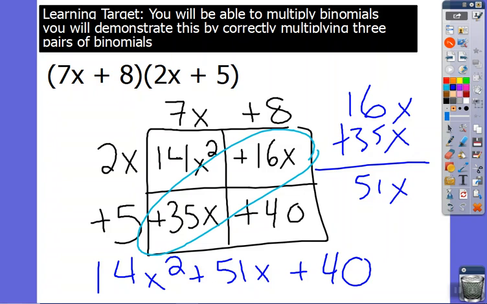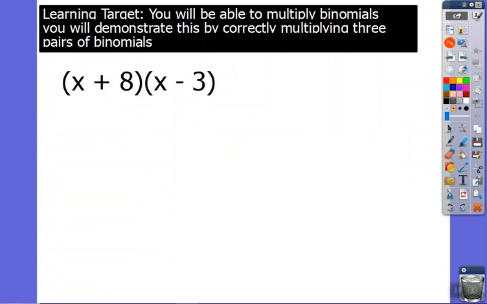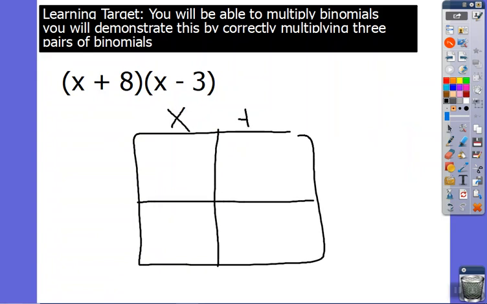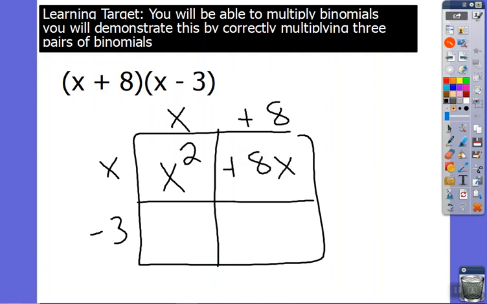Okay, these can be a little easier when we don't have numbers on those x's. So here's an example of that. I draw my box, break it into 4 pieces. I label one of them across the top. I label the other one down the side. That first box is just an x and an x, so that is just plain old x squared. This next box, looking up, is a plus 8, looking over is an x, so let's just put that all together, plus 8x.